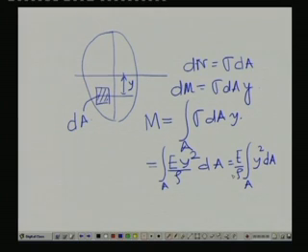So, what we get? The total moment, once again you can recognize this term, the integration over the area of y square dA. This is nothing but the second moment of area about this neutral axis. Okay. So, what we get?